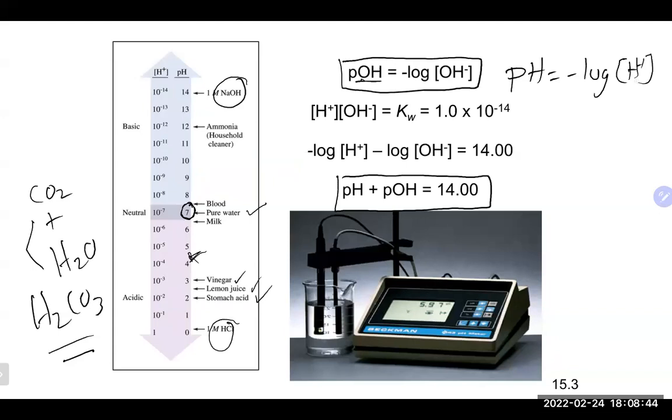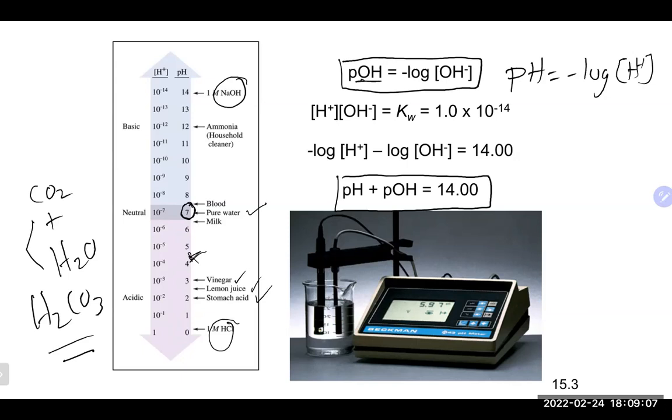Now, this is also where people screw up because they calculate the pH, they calculate the pOH, and they decide, well, my pH was above 7, so it's basic, but my pOH was below 7, so it's acidic. So the same solution is both acidic and basic at the same time. Doesn't happen.